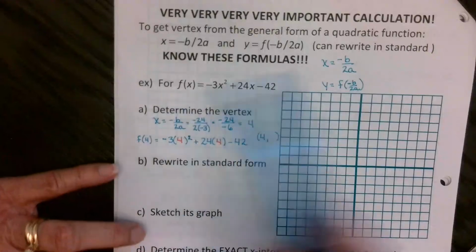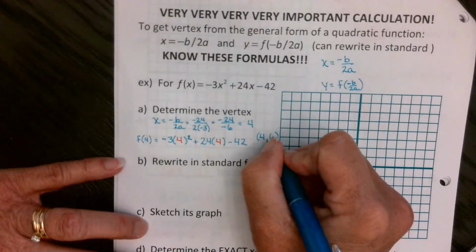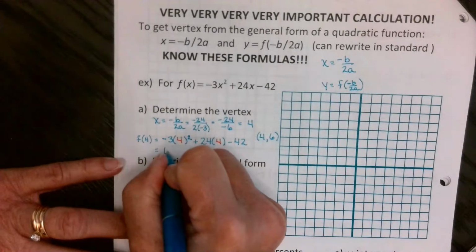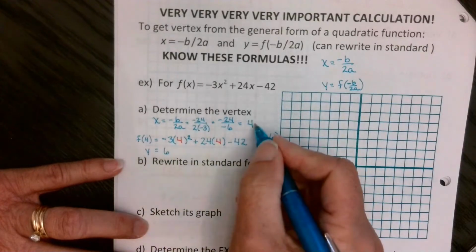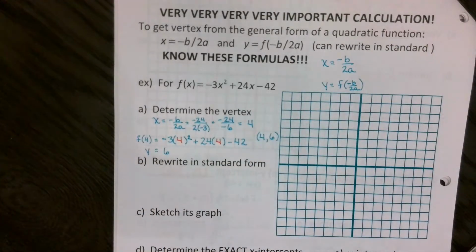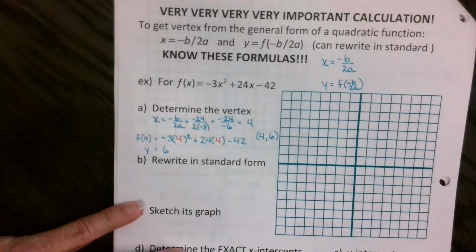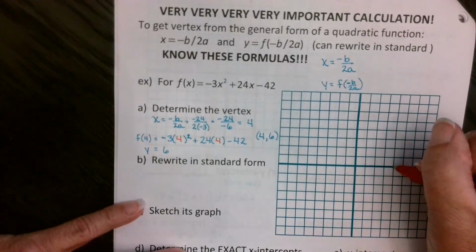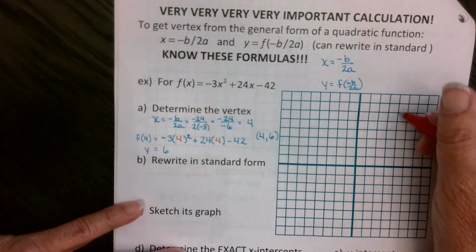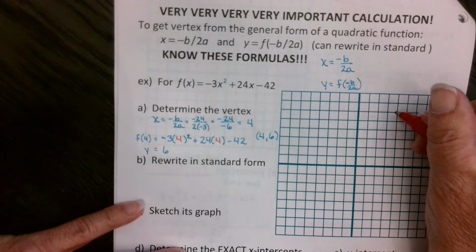When you do this on your calculator, it's going to give you 6. So your x is 4 and your y is 6. Let's go over 4, up 6, 1, 2, 3, 4, 5, 6. Put your vertex.